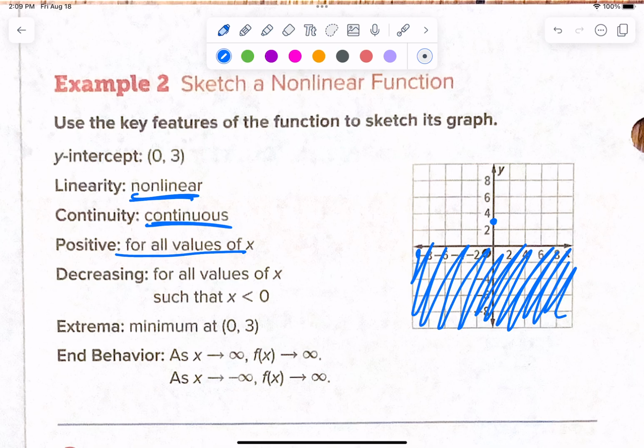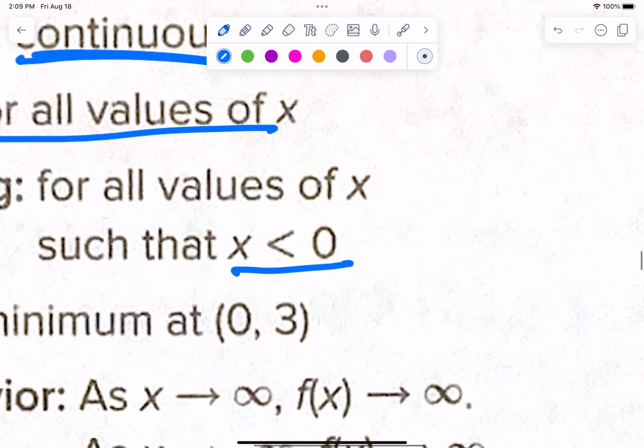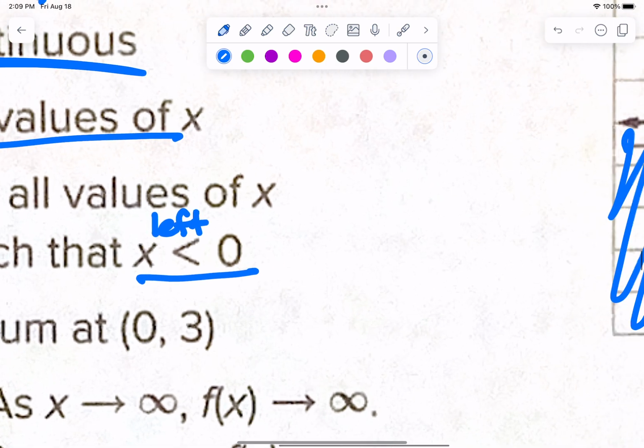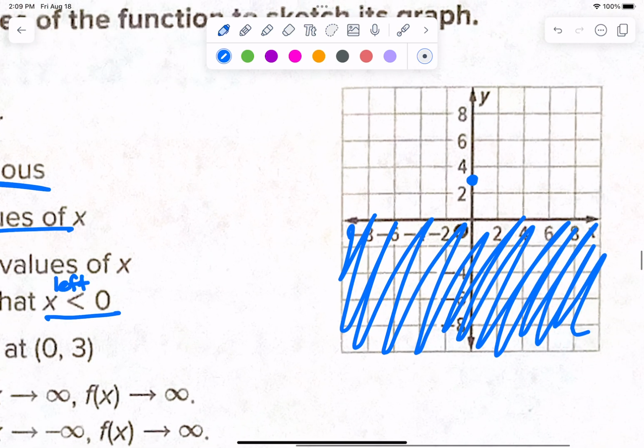What does x less than 0 mean? On the left side of 0. So on the left side of 0, it's decreasing. So I know it's touching at this point right here. On the left side of that point, it's going downhill. You can have a visual in your mind of what this is going to look like. It's going downhill until it hits that point. Maybe something like this. Is that decreasing on the left side of that point? Yeah, decreasing on the left side of 0, so it's going downhill.